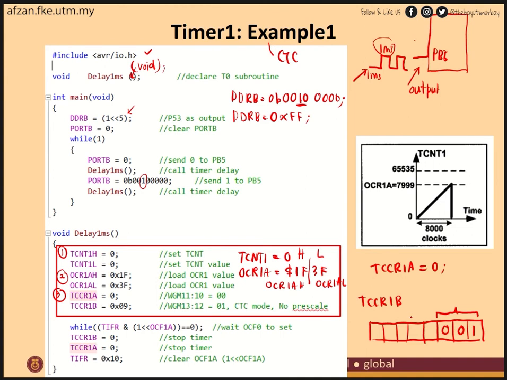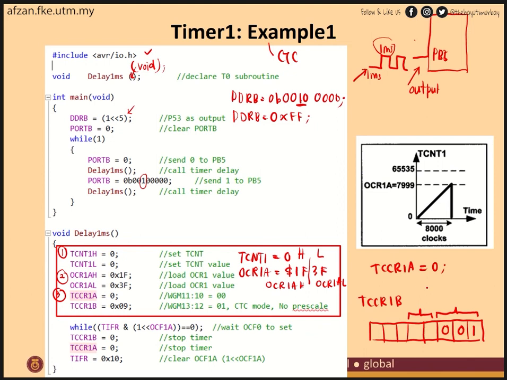Next, this bit here is your mode setting. Either you want to use it as a normal mode or CTC mode. If you're going to use it as a normal mode, you need to put 0, 0. But now we are going to use it as a CTC mode.